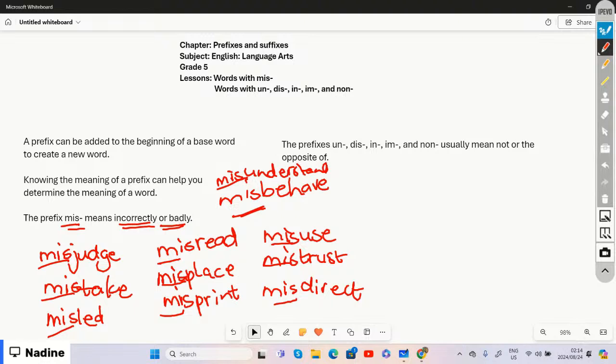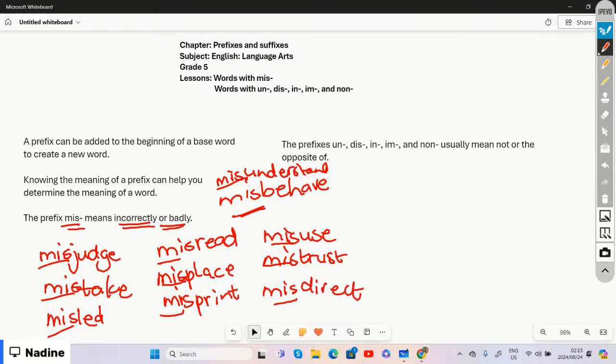We have misled, misread, misplace, misprint, misdirect, mistrust, misuse, misbehave, and misunderstand.